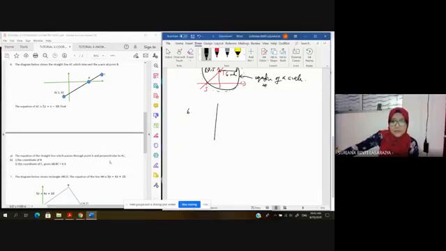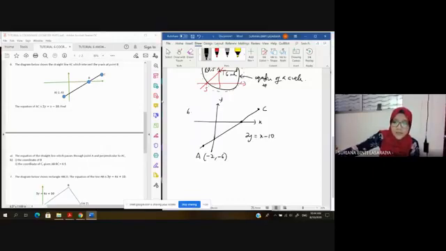Apa maksud dia tu? So you are given ini x and y. So ini dia punya graph. So point C is somewhere here, point B is somewhere here, and point A is somewhere here. A is (-2, -6). Okay. Equation of AC, equation of this straight line is 2y equals to x minus 10.